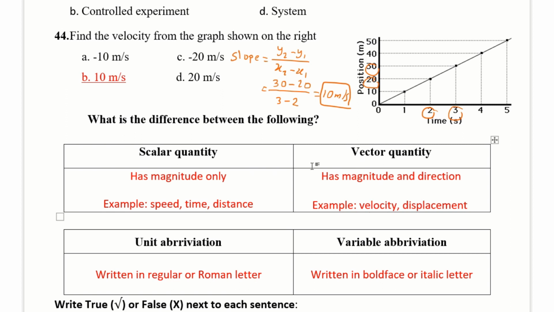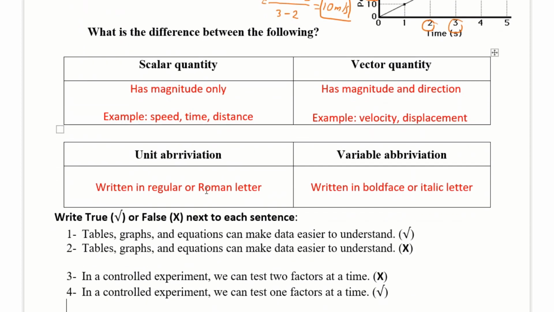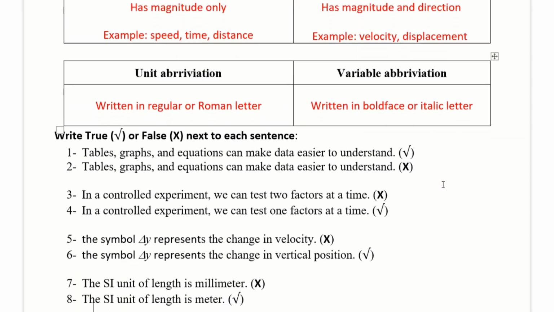This is the comparison between these two. And you have another comparison: unit abbreviation is written in regular or Roman letters, units, regular or Roman. Variable abbreviation is written in boldface or italic. So it can be boldface or italic. This is also a comparison.